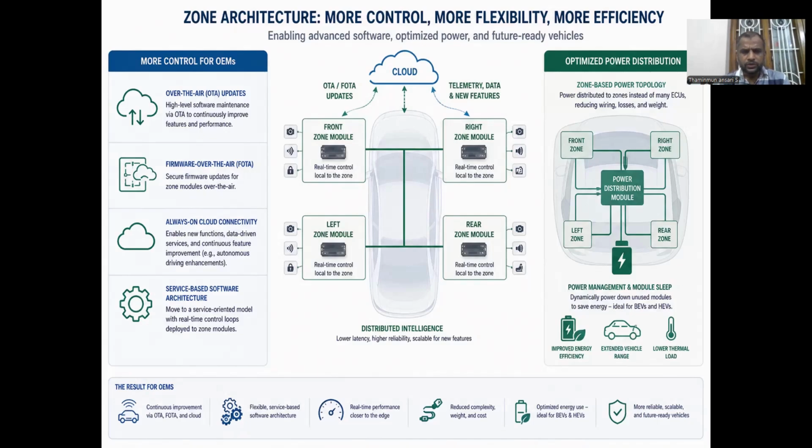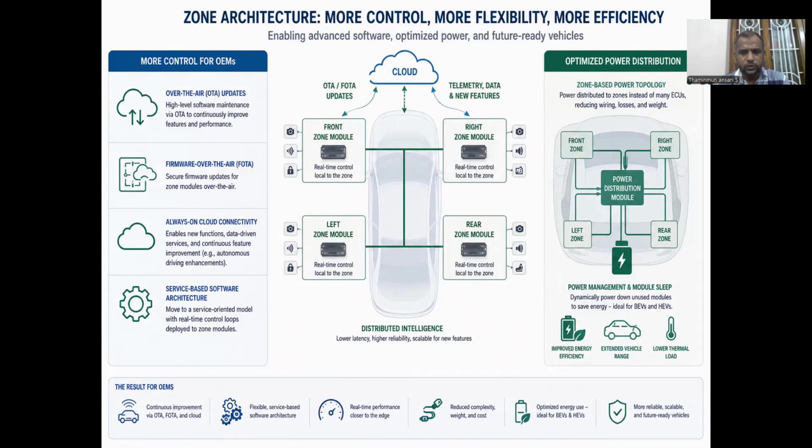Okay, now summing up all the points, what are the benefits of this zonal architecture? We get continuous improvement via OTA, FOTA, meaning firmware over the air, and the cloud, and a flexible service-based software architecture. I believe we discussed these on the first day; we are simply recapping them one more time.